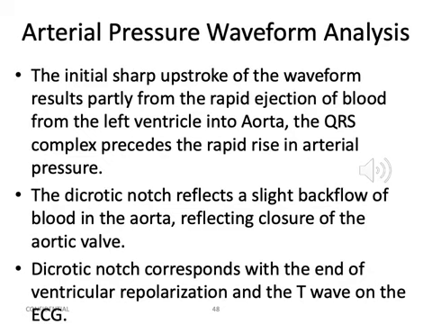After the increase in pressure, it is usually followed by closure of the aortic valve, and this is where we get the dicrotic notch. So the dicrotic notch reflects closure of the aortic valve, and after that the pressure in the arterial system decreases, and we reach the lowest point, which is the diastolic blood pressure. As for the dicrotic notch, as we said, it is closure of the aortic valve, so it usually corresponds with the T wave on the ECG, because the T wave correlates with the end of ventricular repolarization.